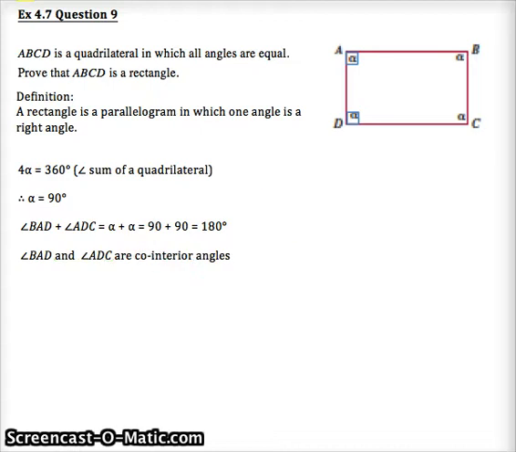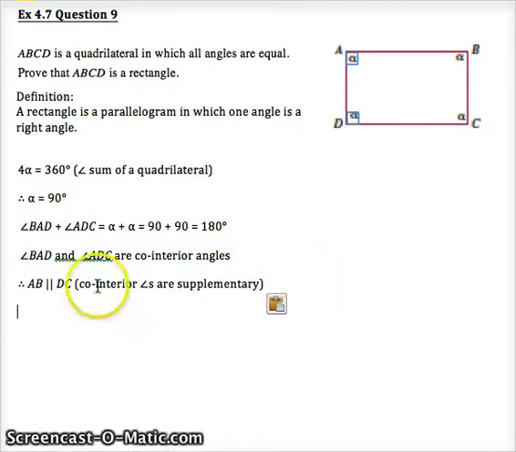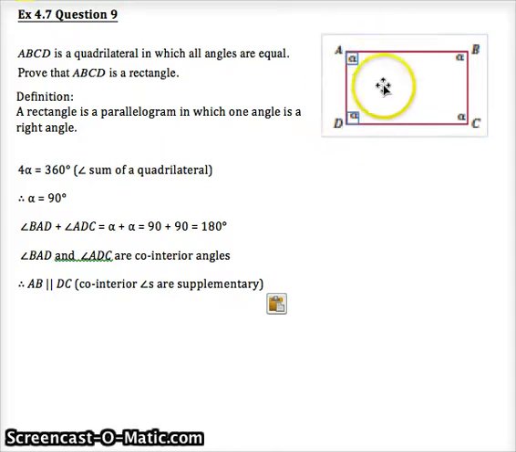Hence, we can say that AB is parallel to DC because these 2 co-interior angles that we're talking about are supplementary. So we'll mark the diagram with the parallel lines, and I'll mark them in blue to keep these blue right angles to show that they match up with these 2 parallel lines.